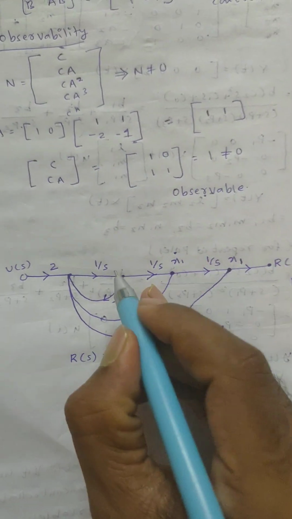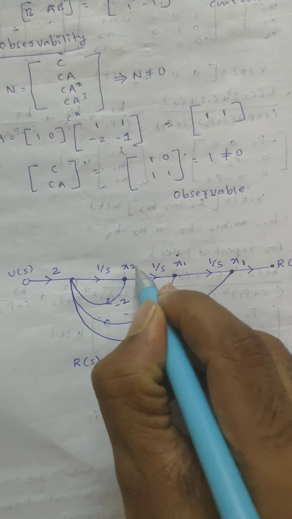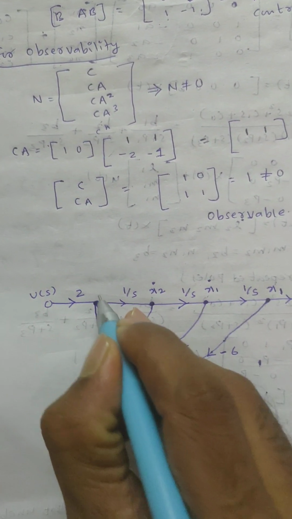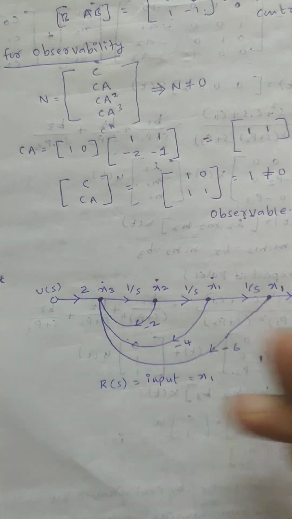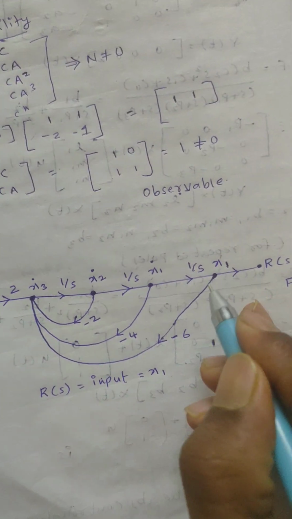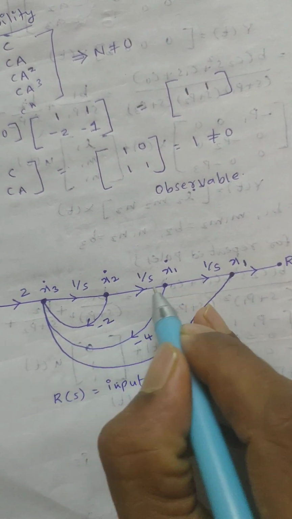Next this node is x2 dot. This node is x3 dot.